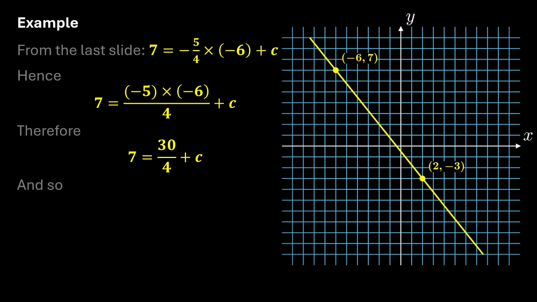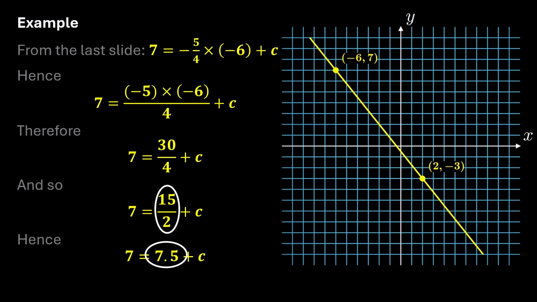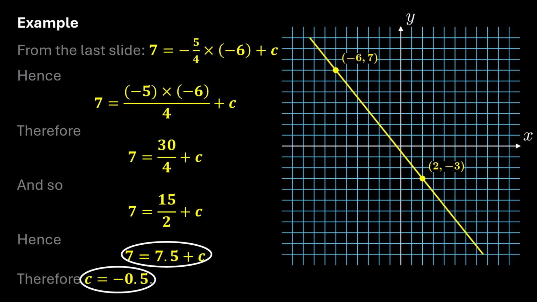And therefore, 7 equals 15 over 2, which is 30 over 4, plus c. And therefore 7 equals 7.5 plus c, which gives us that c is equal to minus 0.5.